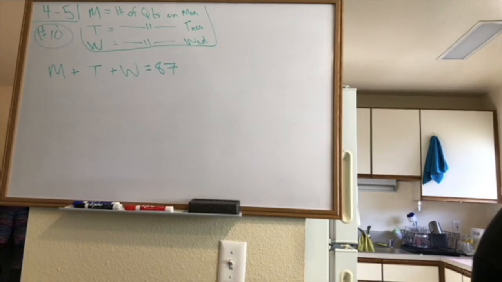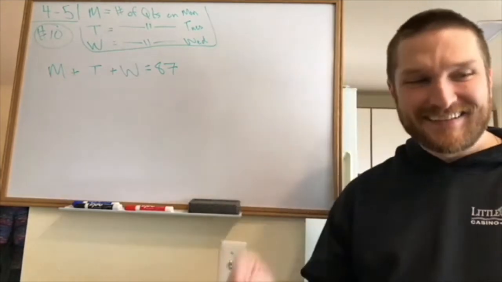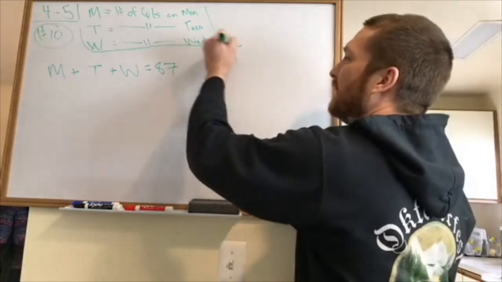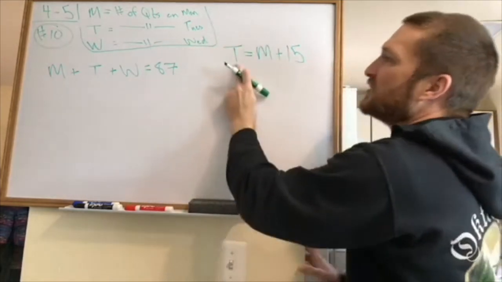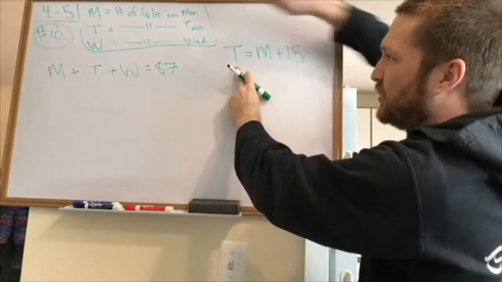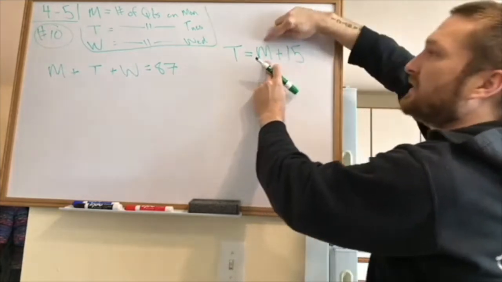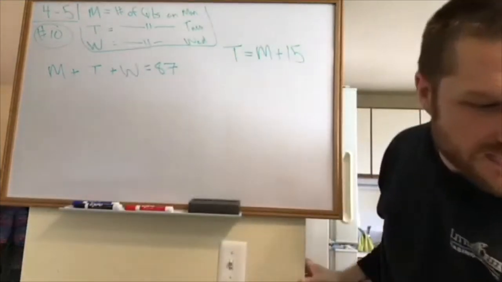On Tuesday, picked 15 quarts more than on Monday. So T equals M plus 15. So the number of quarts he picked on Tuesday was equal to the number of quarts he picked on Monday and an additional 15. Yeah, that's what that just said, right?